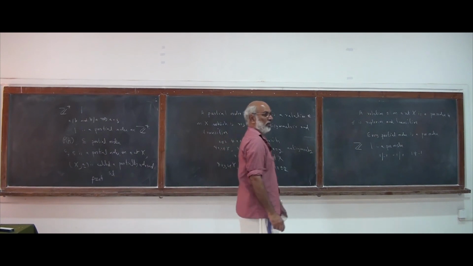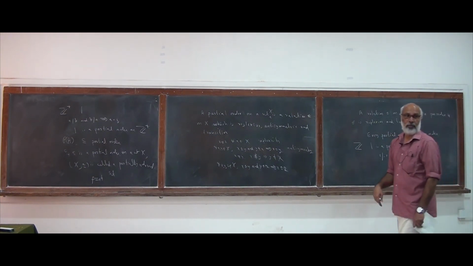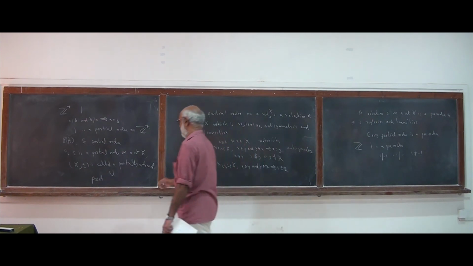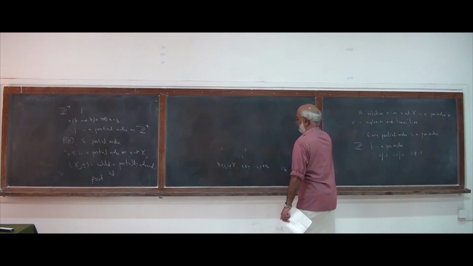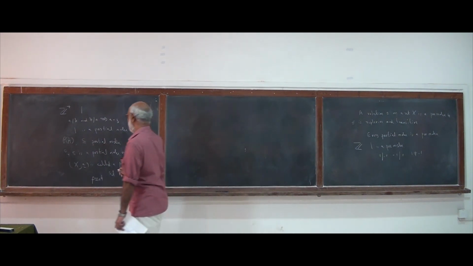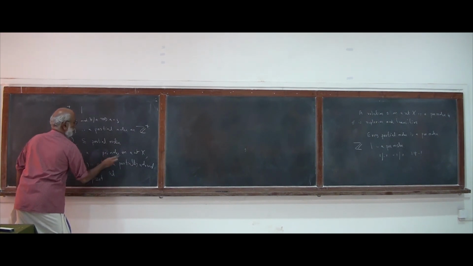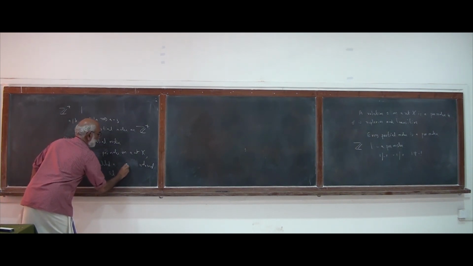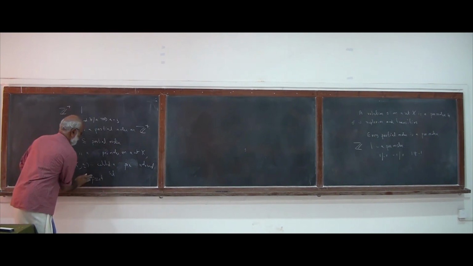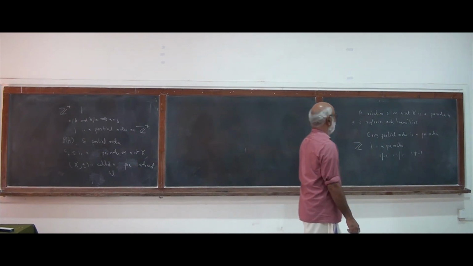So the definition is that a partially ordered set is an ordered pair X, less than or equal to, where X is a set and less than or equal to is a partial order on it. Similarly, if less than or equal to is a preorder on a set X, then this is called a preordered set. Poset means a partially ordered set.